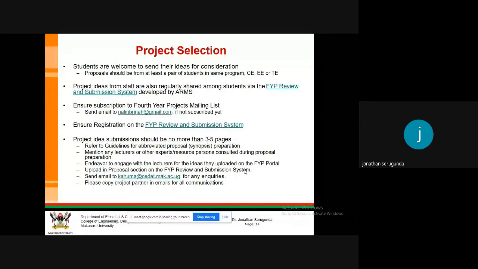So at this stage, we are not developing a full proposal, but we are really developing a concept. So of recent, we developed an online platform where students should be able to upload their ideas, but then also be able to read about ideas that have been availed by the different lecturers. So it is at that stage that then the student, having identified a particular topic, they consult the lecturers and then develop a document of about 3 to 5 pages.